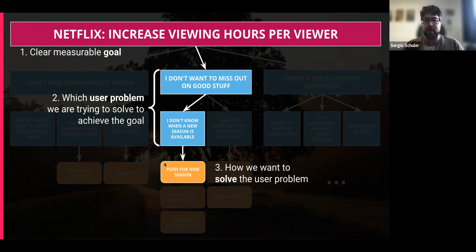So if we put a push notification for when a new season is available, then for all these people that have this problem, they don't know when a new season is available, they don't want to miss out on the good stuff that they want to see, and this should increase viewing hours if our theory is correct.